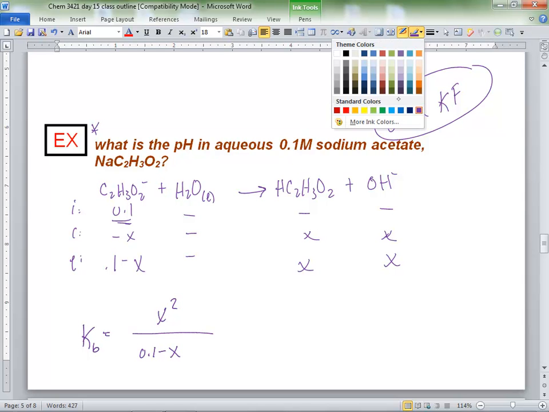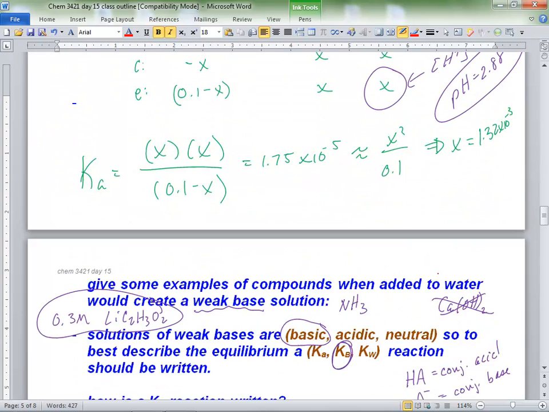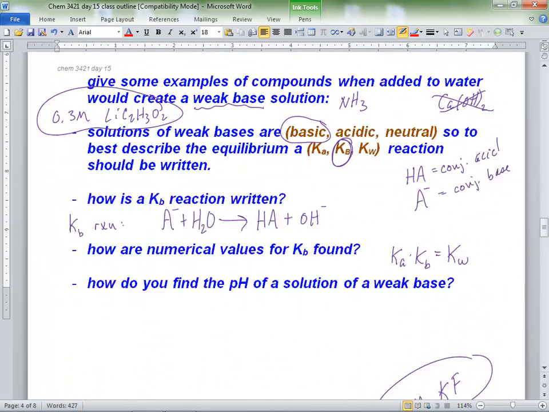So hopefully it's going to be a dinky number, right? My Kb would be Kw all over Ka. 1 times 10 to the negative 14 divided by, what was that number? Yeah, 1.75 times 10 to the negative 5.